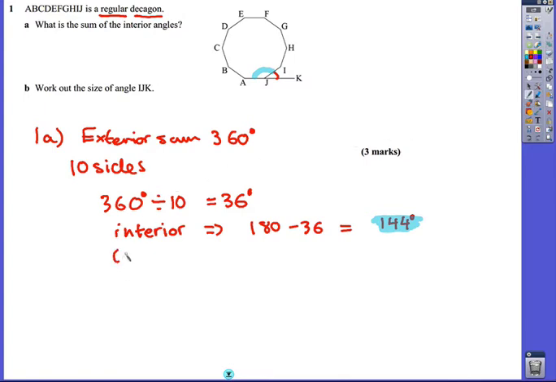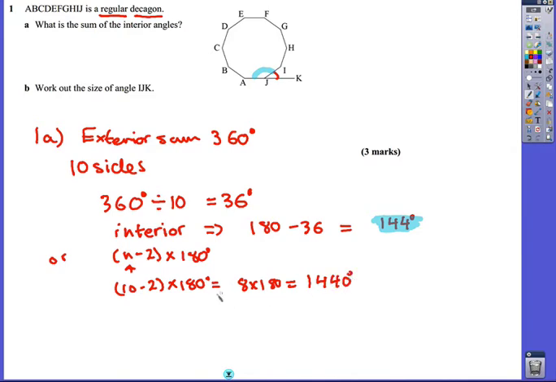Or you could have used (n minus 2) times 180, where n is the number of sides, so (10 minus 2) times 180, which is 8 times 180, which I believe is 1440 degrees, and then divide that by 10 to give you one interior angle, which is 144 degrees.